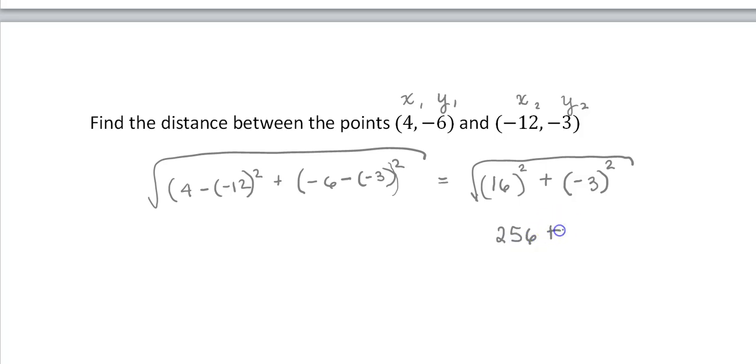Plus 9, all of that under the square root. So we wind up with 265. The square root of that is going to be the distance. I'm not going to spend the time at the moment showing you how to break down the square roots here, but this gives you the distance in this particular case.